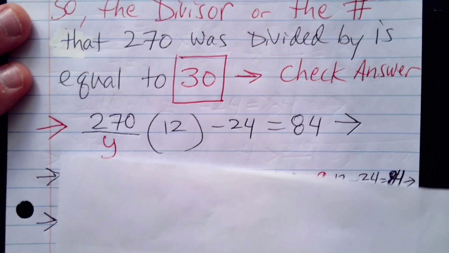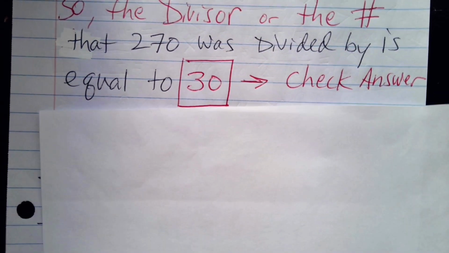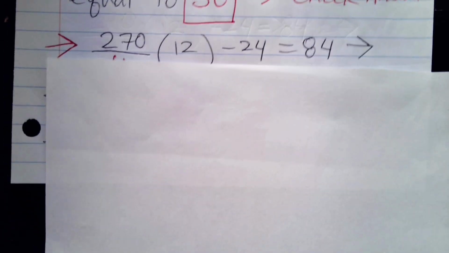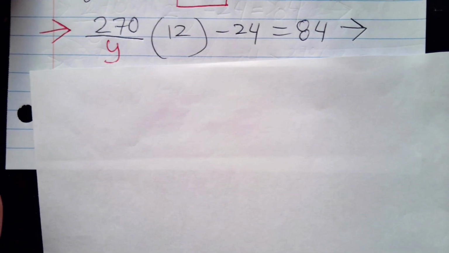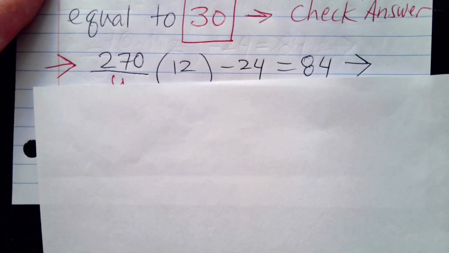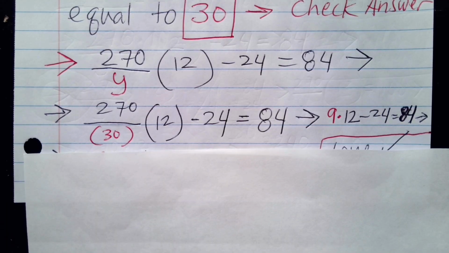Okay, let's check our answers to make sure we're doing this correctly. In order to check your answers, you must use the original problem, which I'm showing you here. Now, if I substitute that value of 30 for y, you'll see here 270 divided by 30 times 12 minus 24 should equal 84, right? 84 equals 84 is our goal.